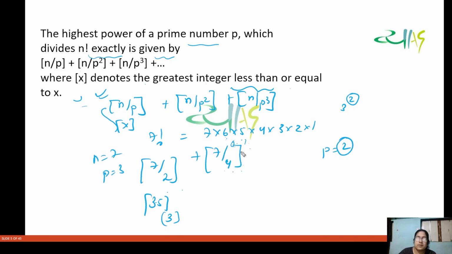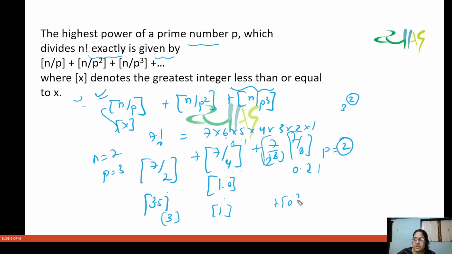What is the greatest integer you are going to get here? 1 point something is the value of this, and the greatest integer here is 1. Again this will become 2 cube, so 7 by 8 will be 0 point something, the greatest integer will be 0, so we don't need to check further.